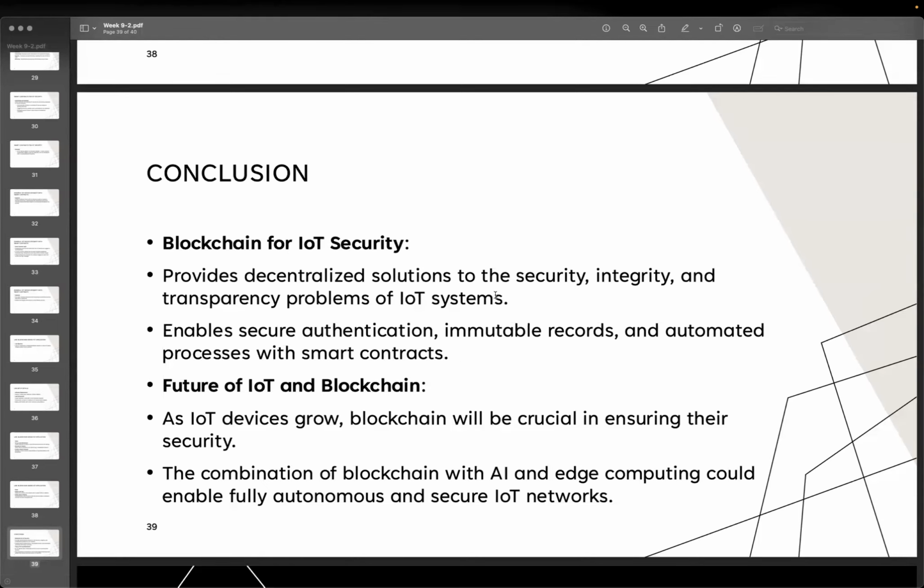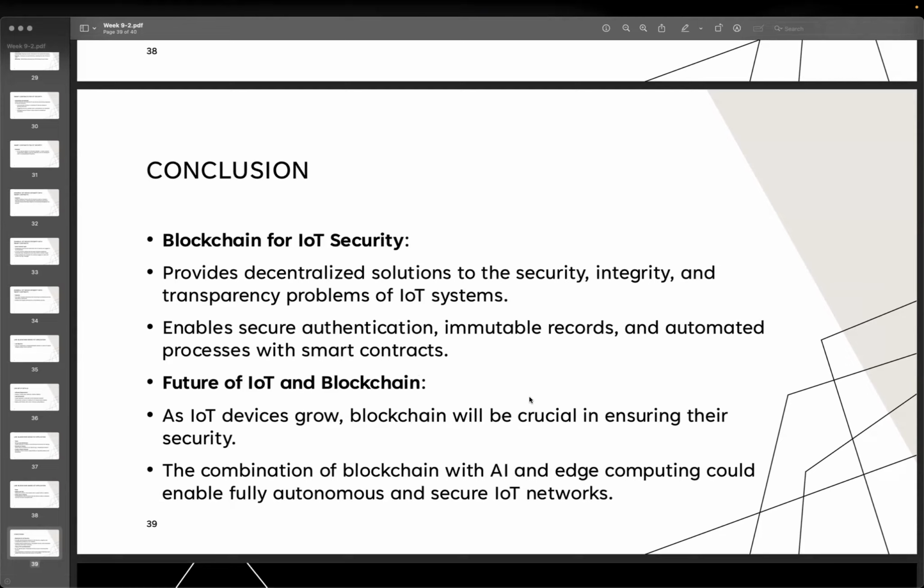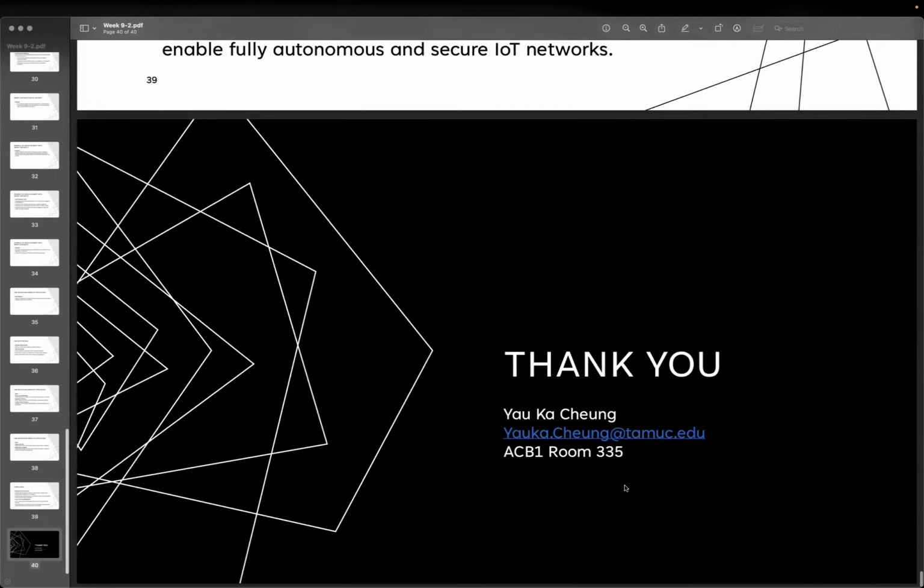In the future, I think blockchain will be crucial in all other courses, and we can also apply blockchain in other areas. IoT will be combined with AI and edge computing to make it fully automated and secure the IoT network. So far, that's it. Thank you so much.